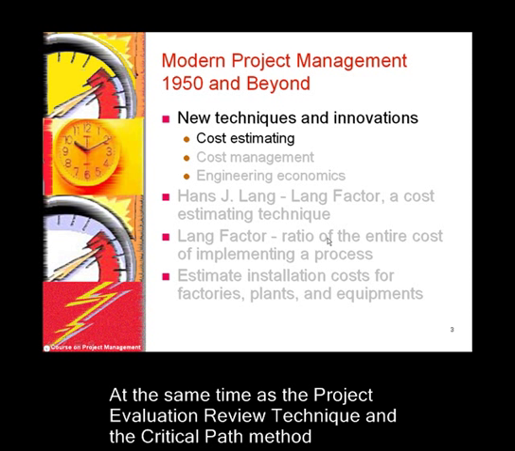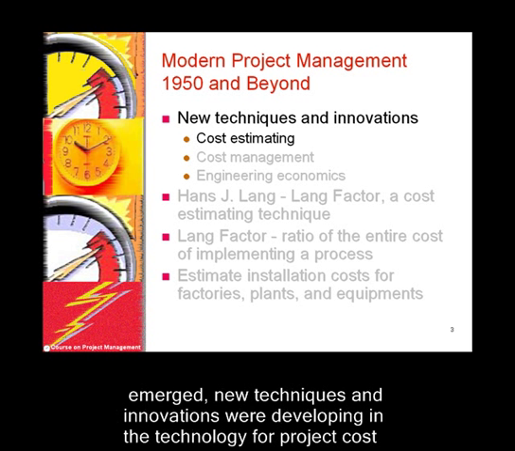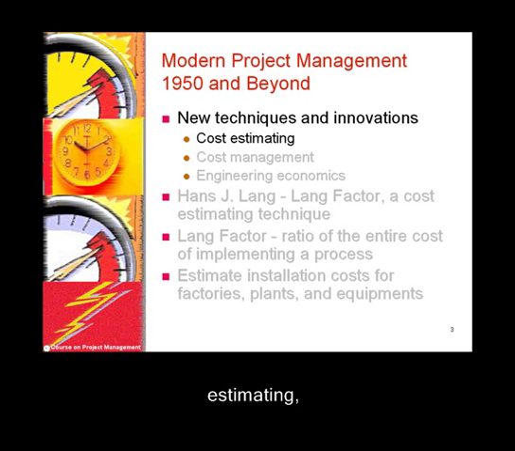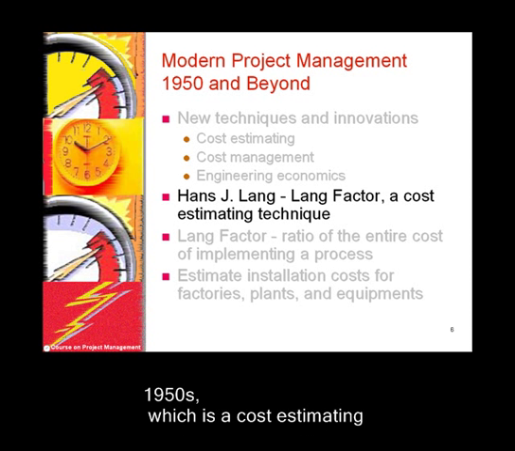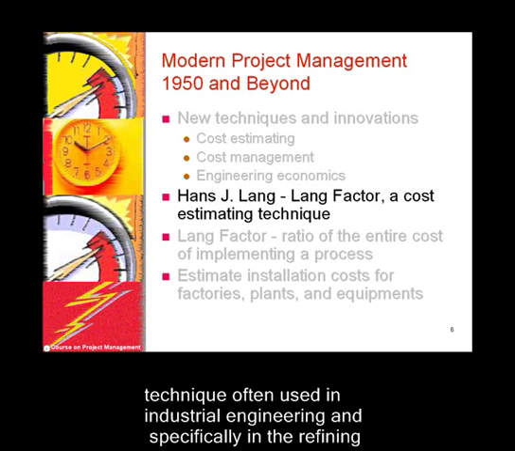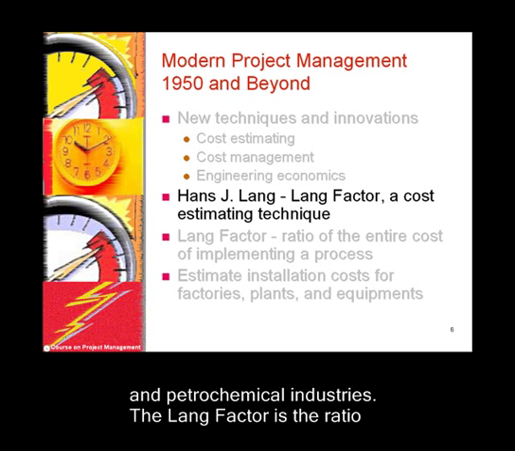At the same time as the project evaluation review technique and the critical path method emerged, new techniques and innovations were developing in the technology for project cost estimating, cost management, and engineering economics. Hans Lang was the innovator behind the Lang factor, popularized in the early 1950s, which is a cost estimating technique often used in industrial engineering and specifically in the refining and petrochemical industries.